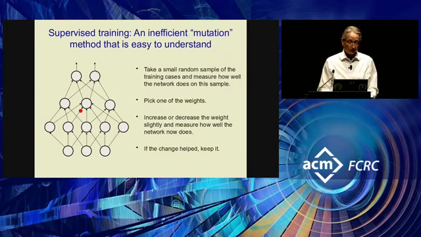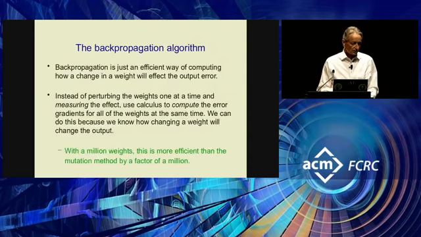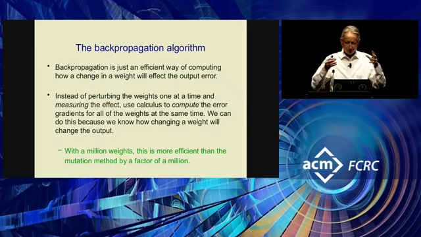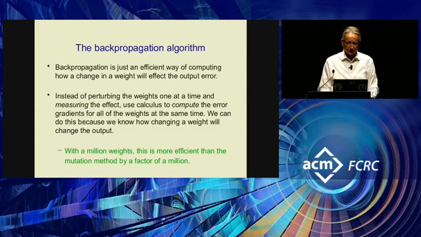It will work, but what it achieves can be achieved many, many times faster by backpropagation. So you can think of backpropagation as just an efficient version of this algorithm. So in backpropagation, instead of changing a weight and measuring what effect that has on the performance of the network, what you do is you use the fact that all of the weights of the network are inside the computer.